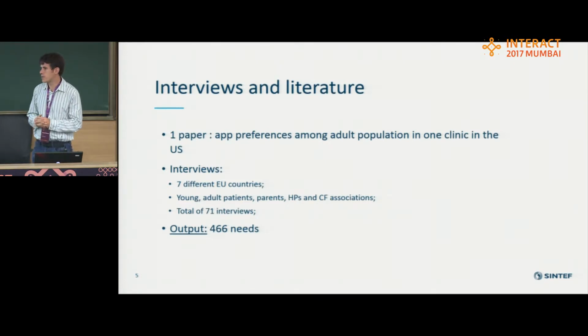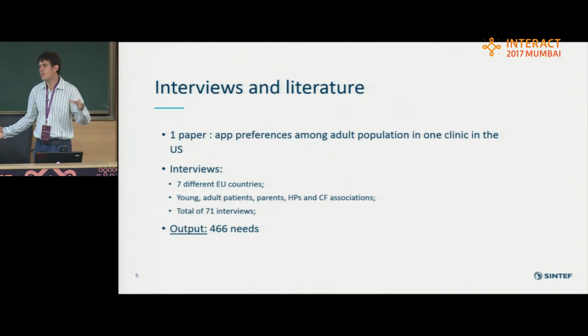We did interviews in 7 different EU countries. We talked with both young and older patients, but also with parents, health professionals, and CF associations. So we went over all the stakeholders, and as a result, we got 466 needs, where those needs are both high-level requirements and details of each need.